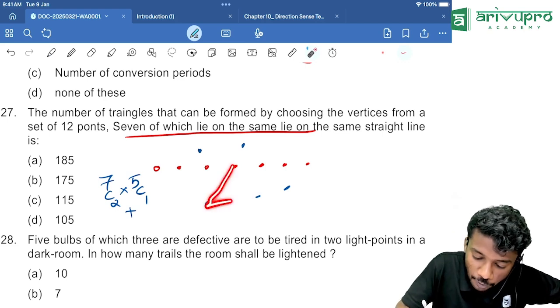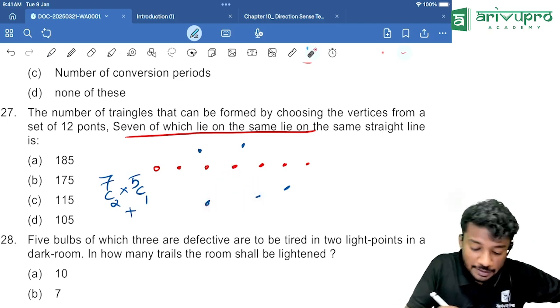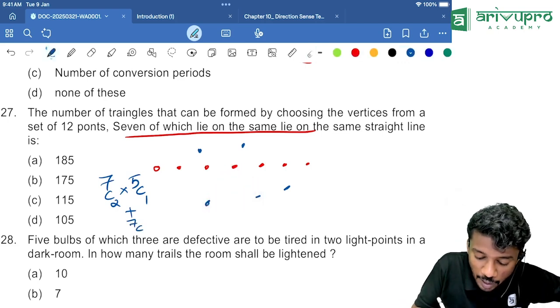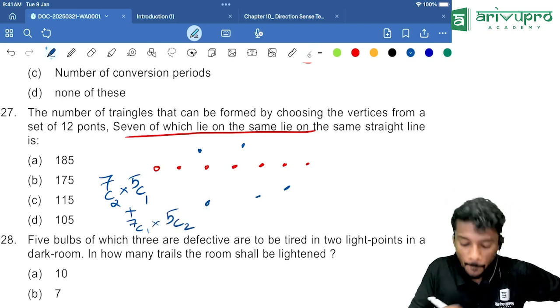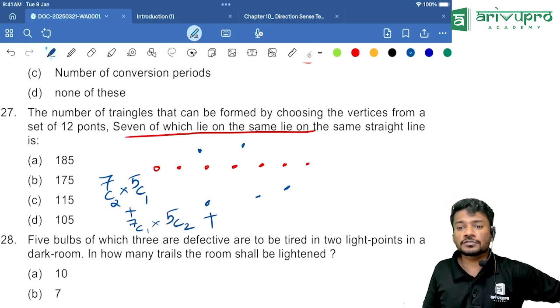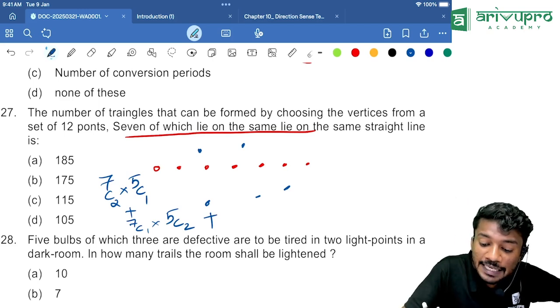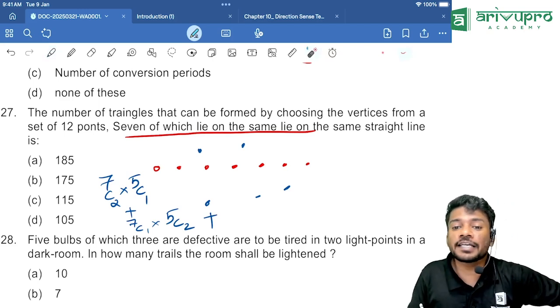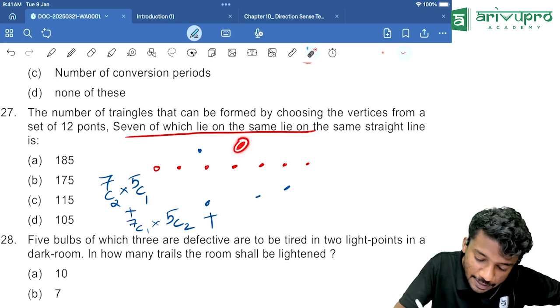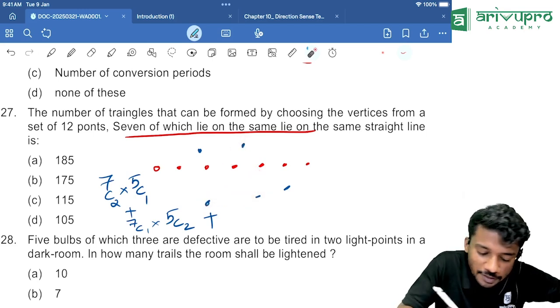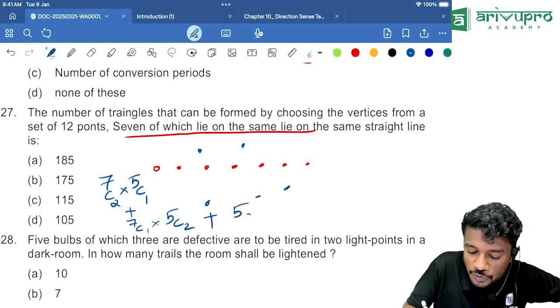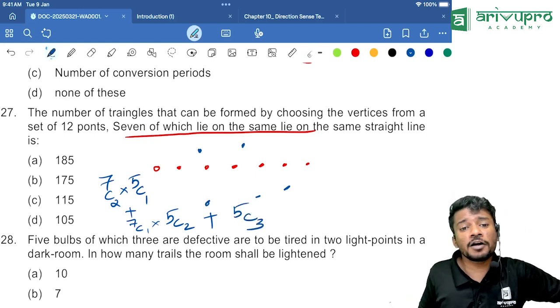That also will be a triangle, right? That means 7C1 into 5C2. Or I can completely ignore the collinear ones and take 3 non-collinear points, so it will be 5C3.